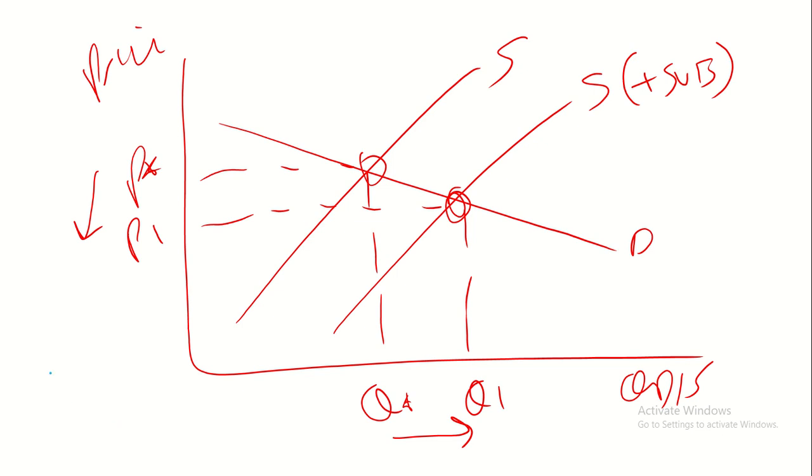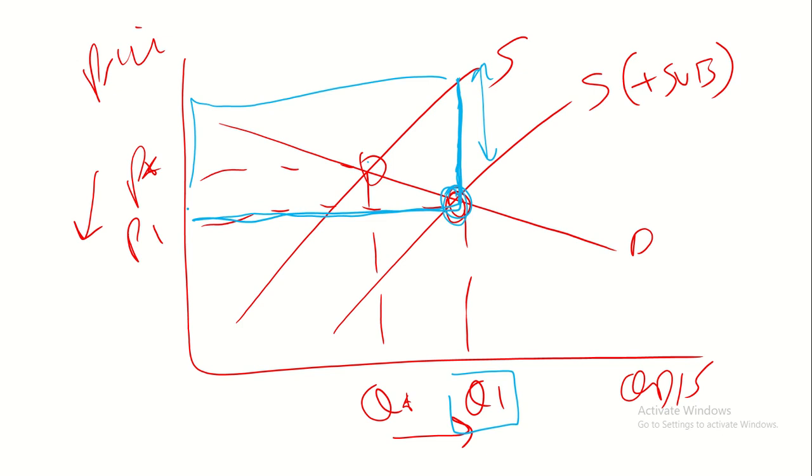Incidence of a tax, or incidence of a subsidy. To produce at Q1, the government have had to subsidise. The subsidy is the vertical distance as well. So they've had to subsidise up to the old supply curve. That is the subsidy per unit. So every single unit has been subsidised that amount. That's how they get to produce here from there.